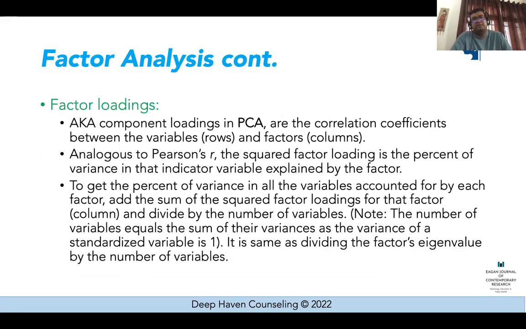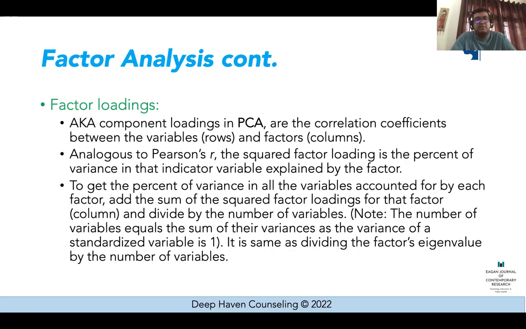So then factor loadings or component loadings in principal component analysis are the correlation coefficients between the variables and the factors. Analogous to Pearson correlation, the squared factor loading is the percent of variance in that indicator variable explained by the factor.